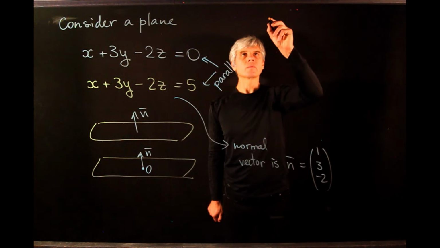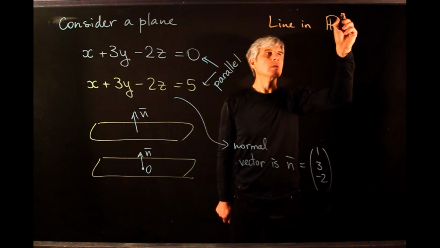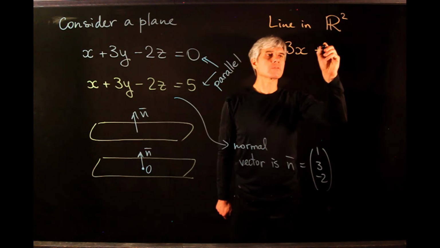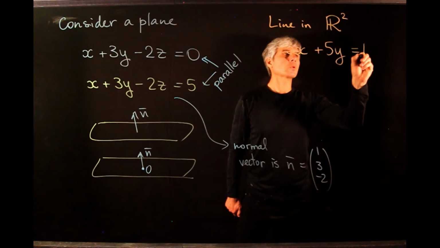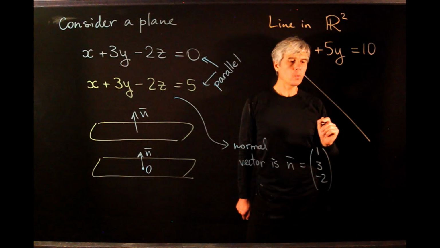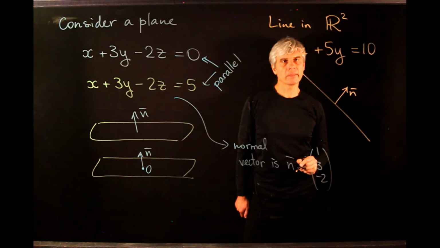So suppose we have a line in R2 given by equation 3x plus 5y is equal to 10. So what is a vector normal to this line?